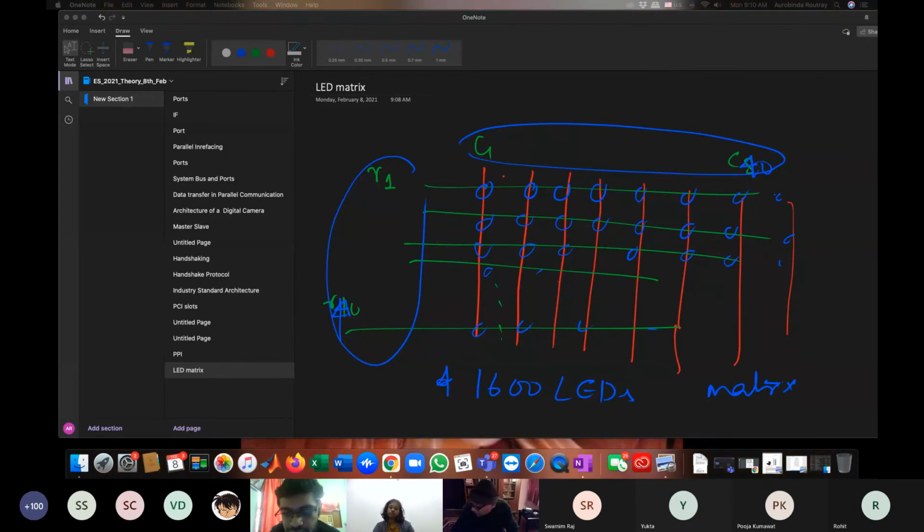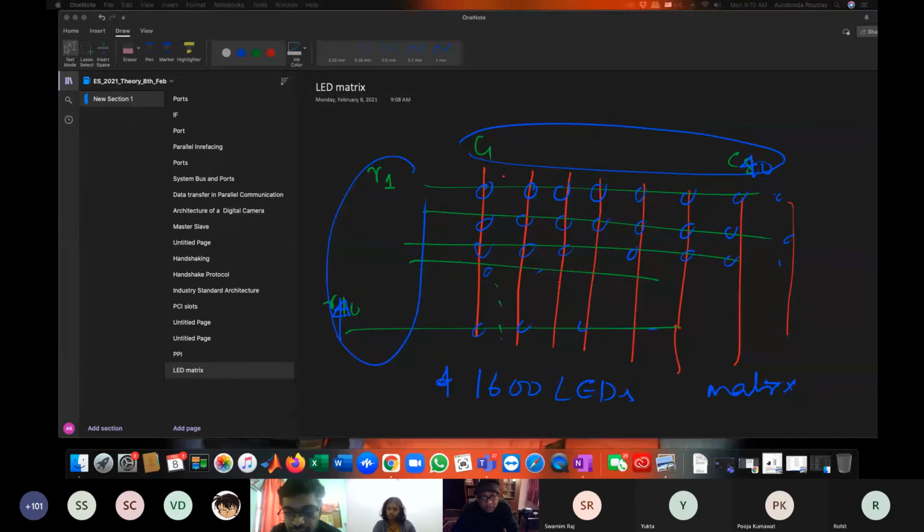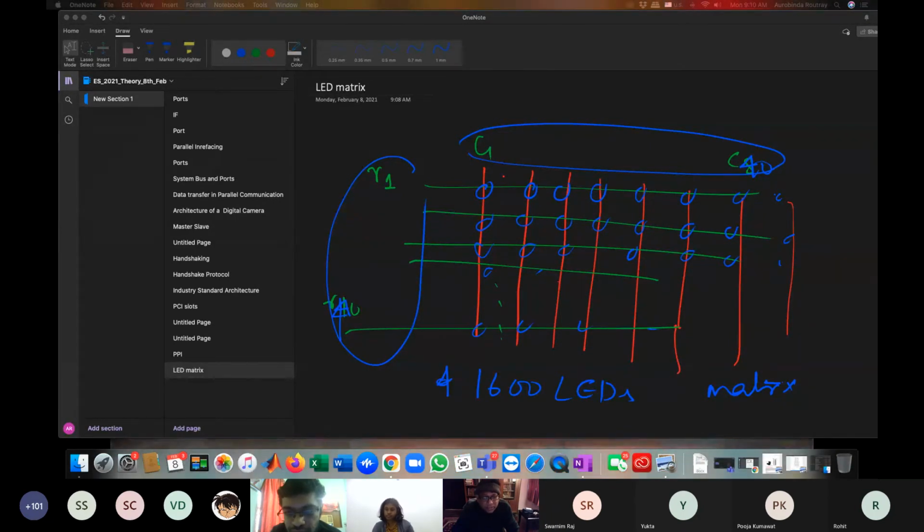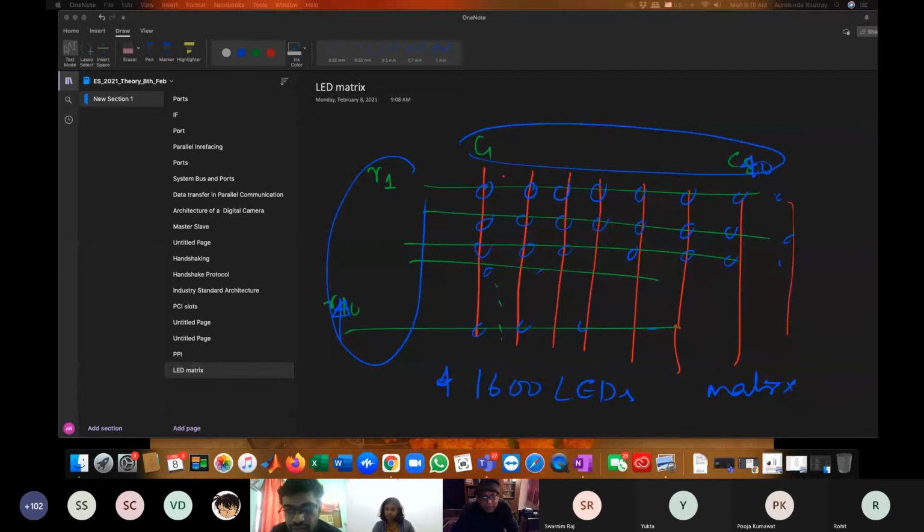Your face is a 1600 pixel face, in the form of 1 and 0. Forget color right now, color can come later. Let's say I just want to display a black and white grayscale image. So it is already there in the memory.